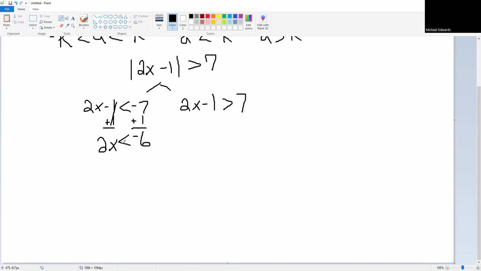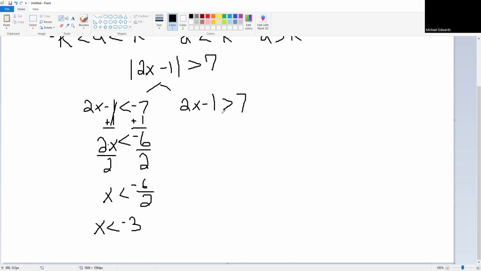Now, this is a multiplication right here. We're going to kill that by dividing. So this is x less than -6/2, which is just what? How do you convert 6/2 to something meaningful? 2 will go into 6 how many times? So x is less than -3. 2 will go into 6 3 times, and it's negative. So there's one.